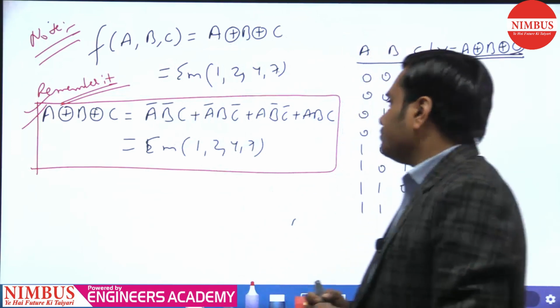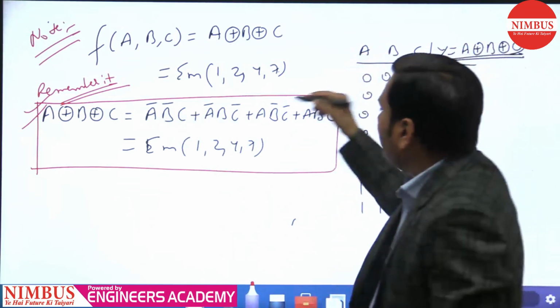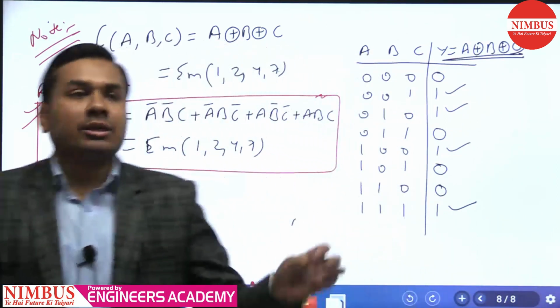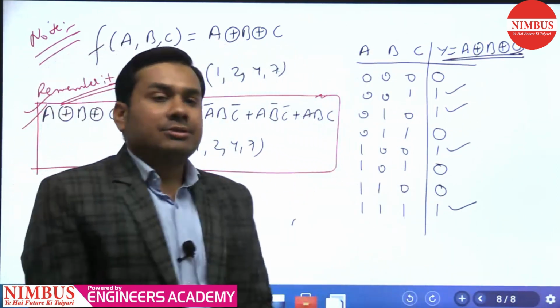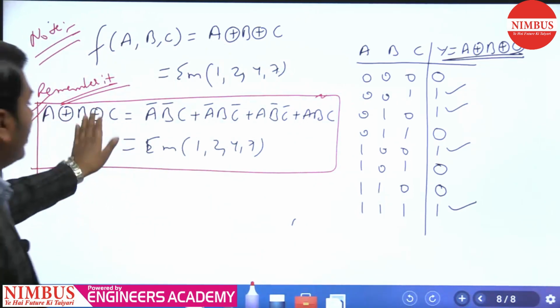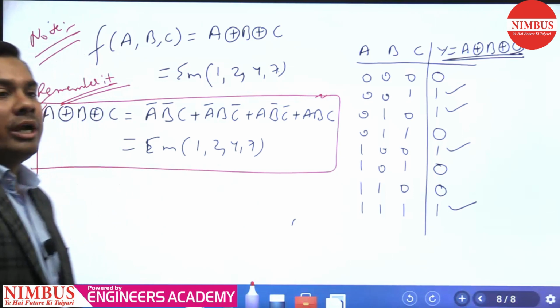So we have to remember it instead of solving it again and again by using such tables. So note that for A XOR B XOR C we are having minterms 1, 2, 4 and 7.